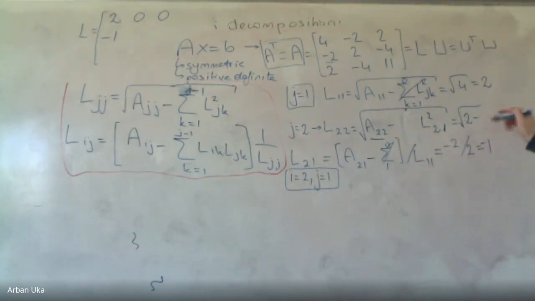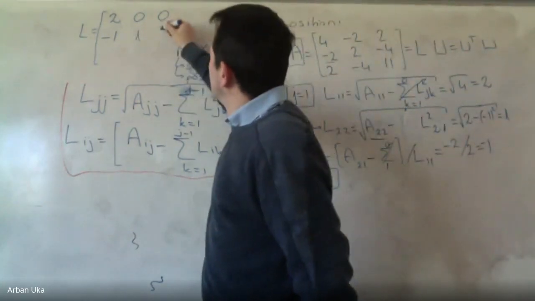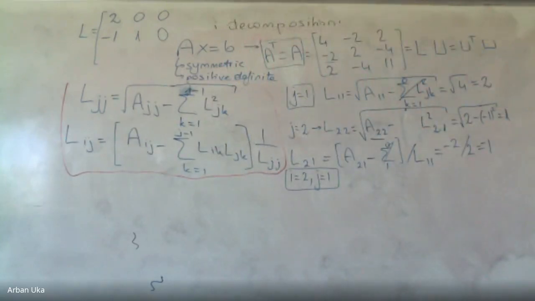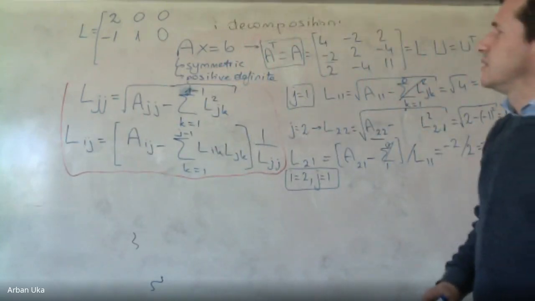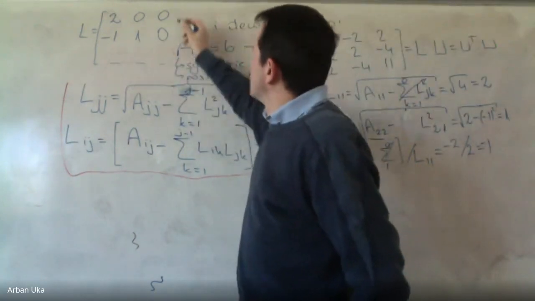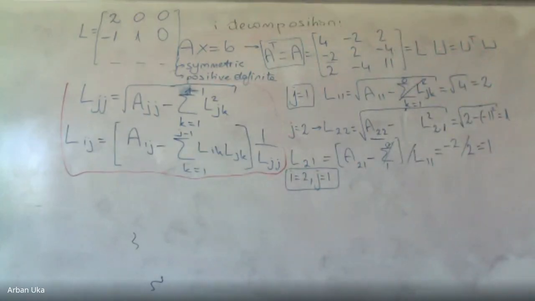L21 equals minus 1, so minus 1 squared: 2 minus 1 is equal to 1. So L22 is 1. We found 3 terms, we need 3 more to find the lower triangular matrix. Now, the next term we can go after is L31.